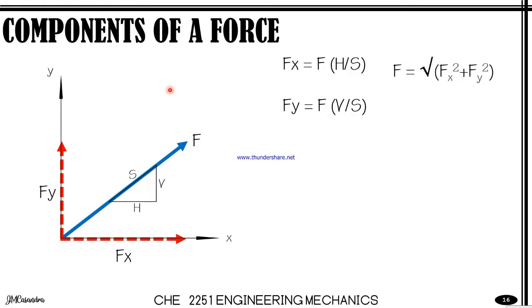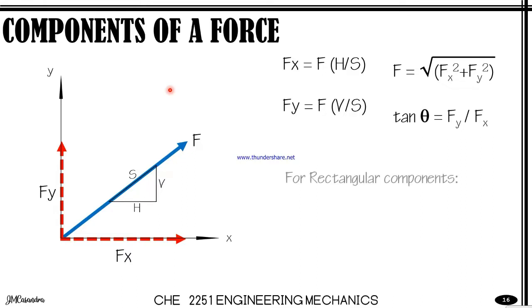Applying our Pythagorean theorem again, we can solve for the total value of the force as the square root of the x component squared plus the y component squared. And your tangent theta is also equivalent to the ratio of the y component to the x component, given that theta should be measured from the horizontal.